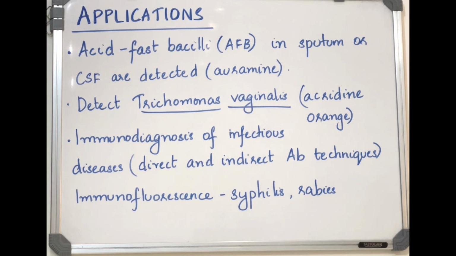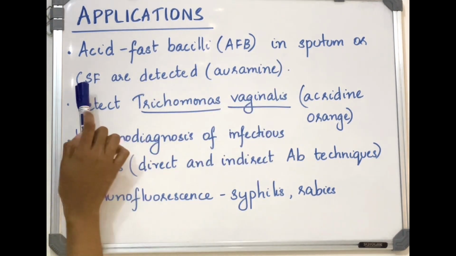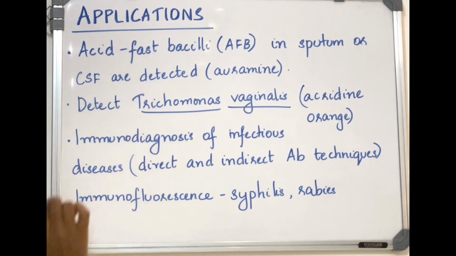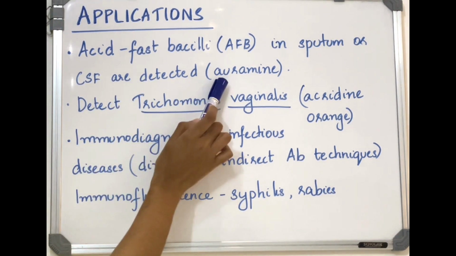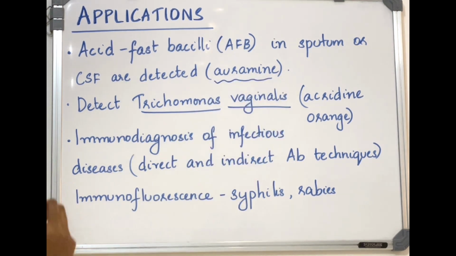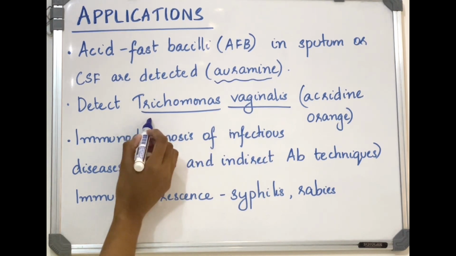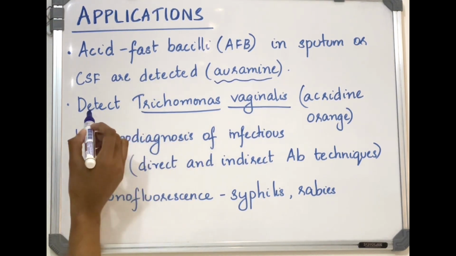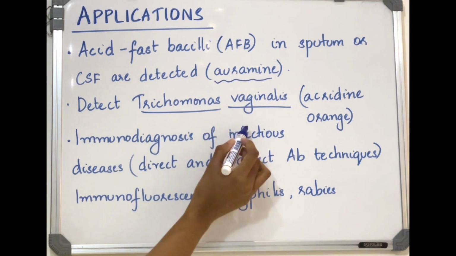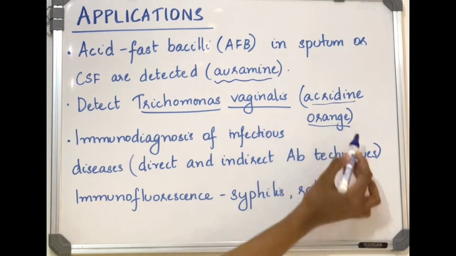Applications of the fluorescence microscope. Acid-fast bacilli in sputum or cerebrospinal fluid can be detected when stained with a fluorescent dye such as auramine. It also helps to detect intracellular gonococci. It helps to detect Trichomonas vaginalis when stained with the fluorescent dye acridine orange.